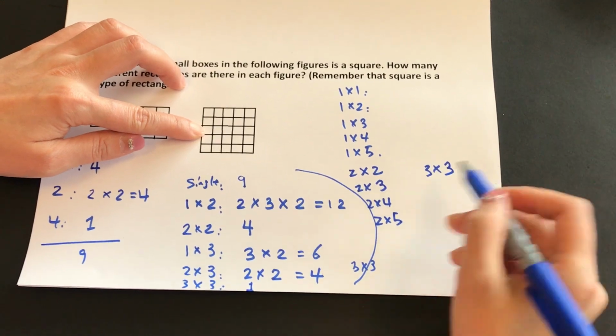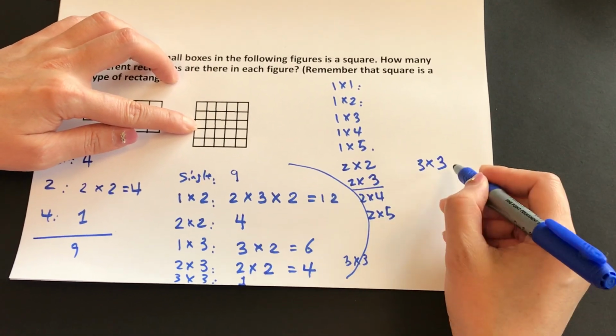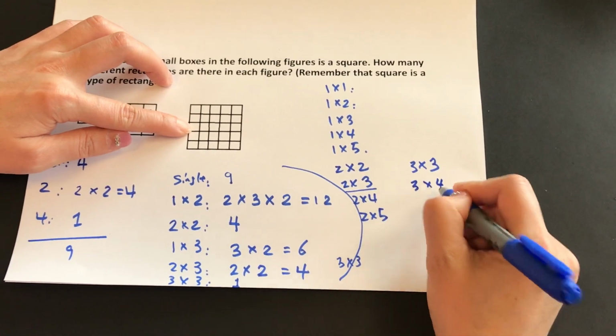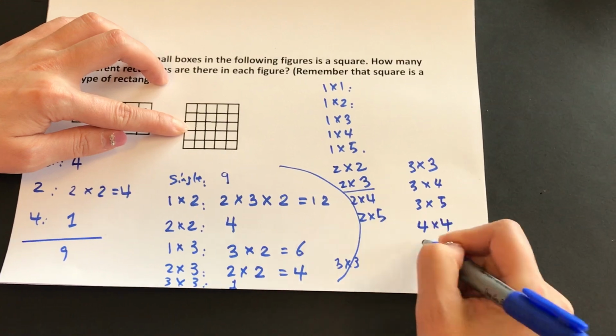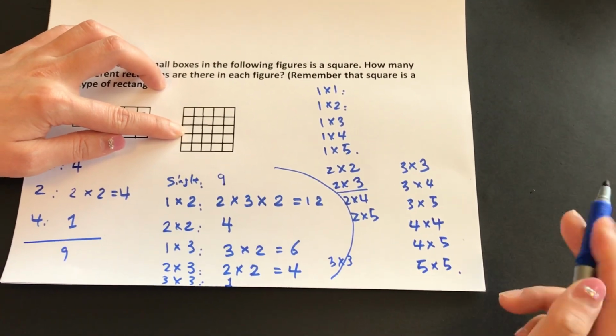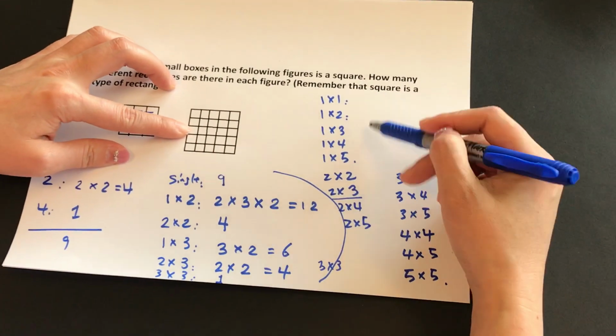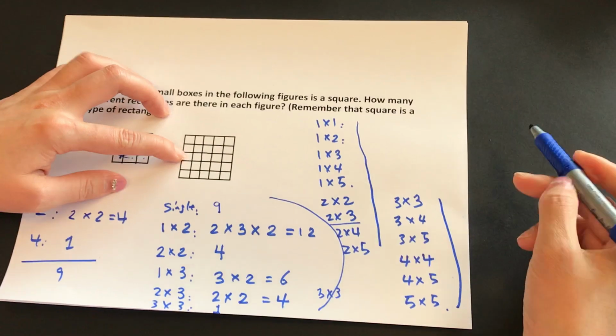So don't use 3 multiply 2, because that will overlap with 2 multiply 3. 3 multiply 3, 3 multiply 4, 3 multiply 5, and 4 multiply 4, 4 multiply 5. Finally, 5 multiply 5.